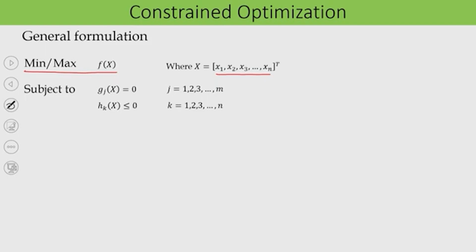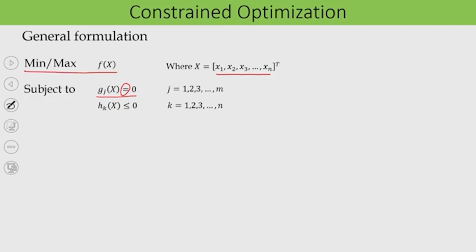The problem has two types of constraints. It is subject to z_j(x) equal to 0, where j is from 1 to m, that means a total of m equality constraints. And we have inequality constraints, h_k(x) less than or equal to 0.